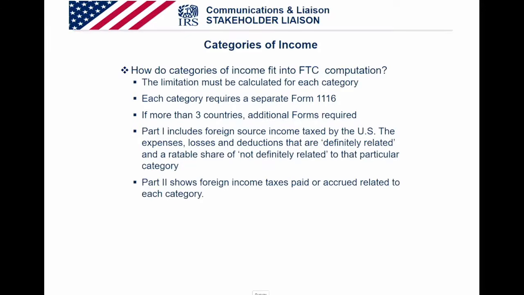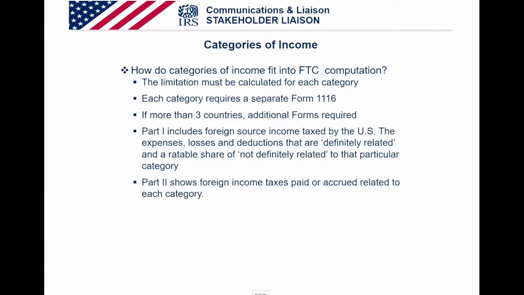And for more details, you should refer to the instructions of the form as well as Publication 514. We also have what are called practice units that you can search on the irs.gov website. And we have one on this specific topic titled Foreign Tax Credit Categorization of Income and Taxes into Proper Basket. And we'll provide links for the resources at the end of this session.